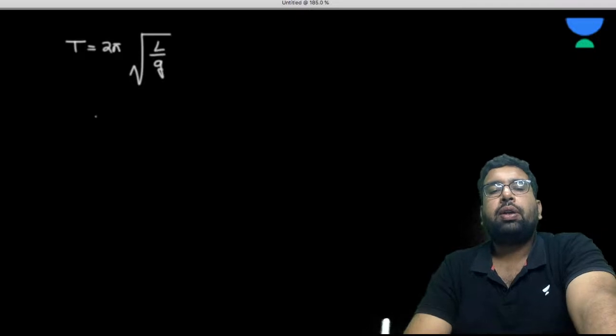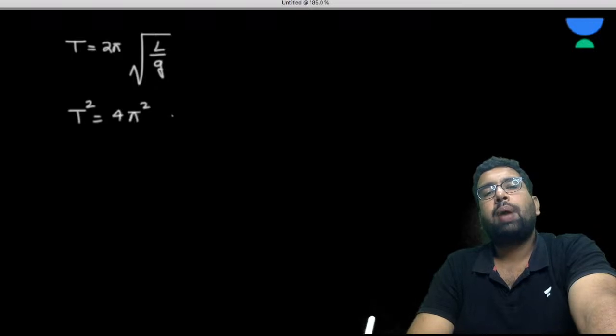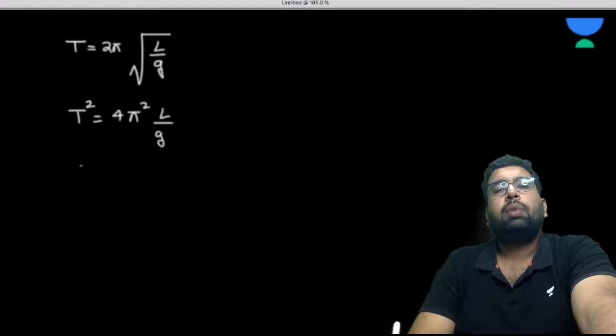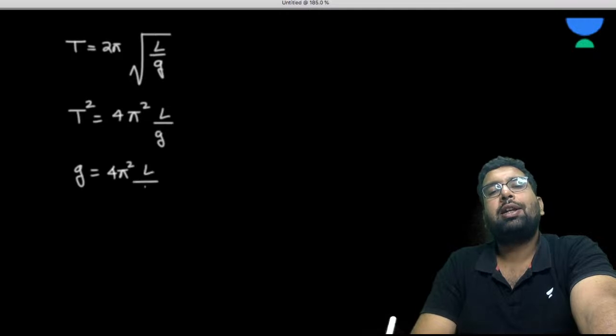Okay, so if I square this whole equation, can I have T square is equal to 4 pi square L by G. So from here G we can write 4 pi square L by T square.